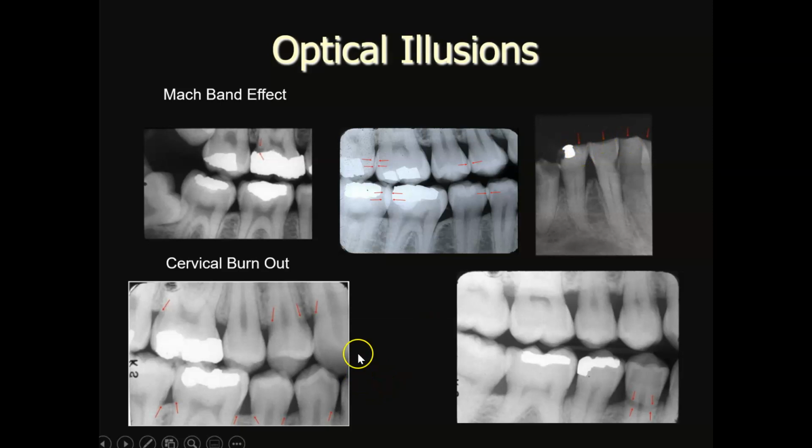Okay? Now, cervical burnout is also very common. Cervical burnout is just kind of like we explained with the Mach band effect. The cervical burnout is specifically at the cervical third or the cervical area of the tooth. Again, that enamel, and even when there's restorations in there, the enamel is so radiopaque, the bone is so radiopaque, and the cervical third of the tooth is kind of the thinnest area.